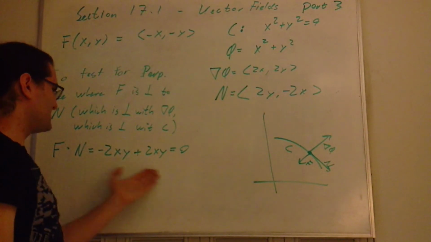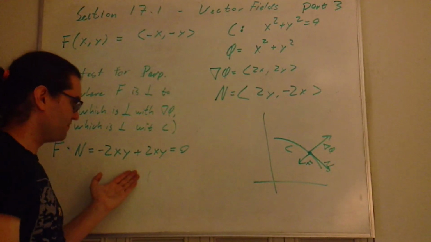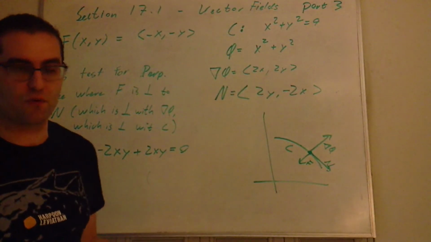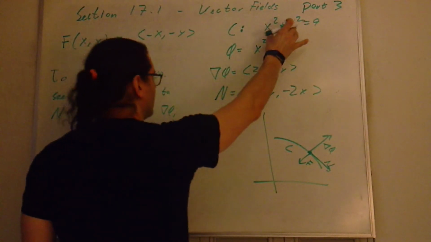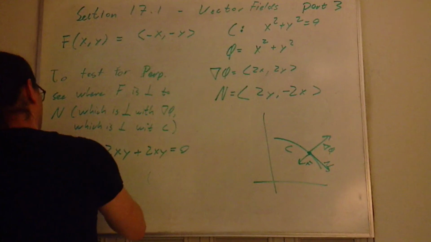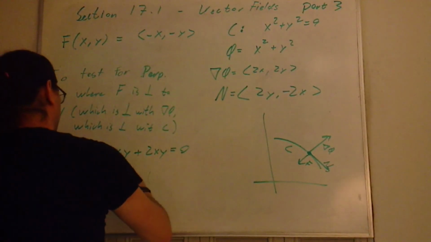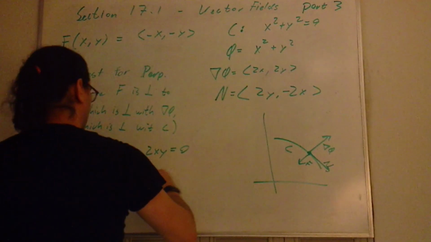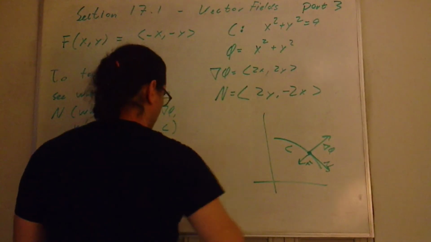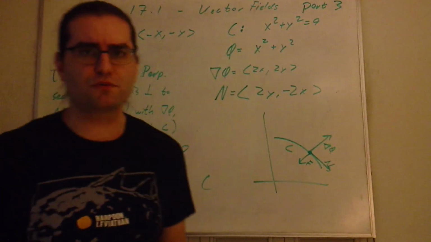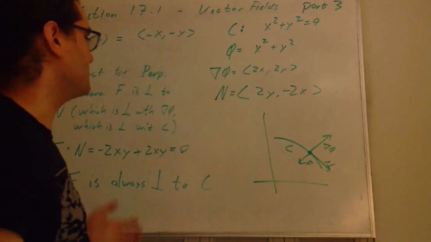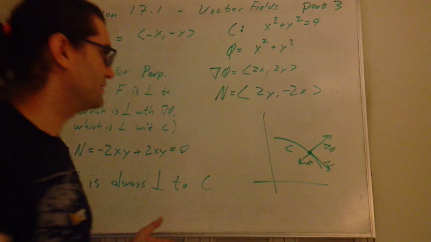So if this is 0 always, all the time, doesn't matter what x and y are, then the field F is always perpendicular to C, which is hopefully what you were expecting when I said that we can probably puzzle this out based on what things look like.